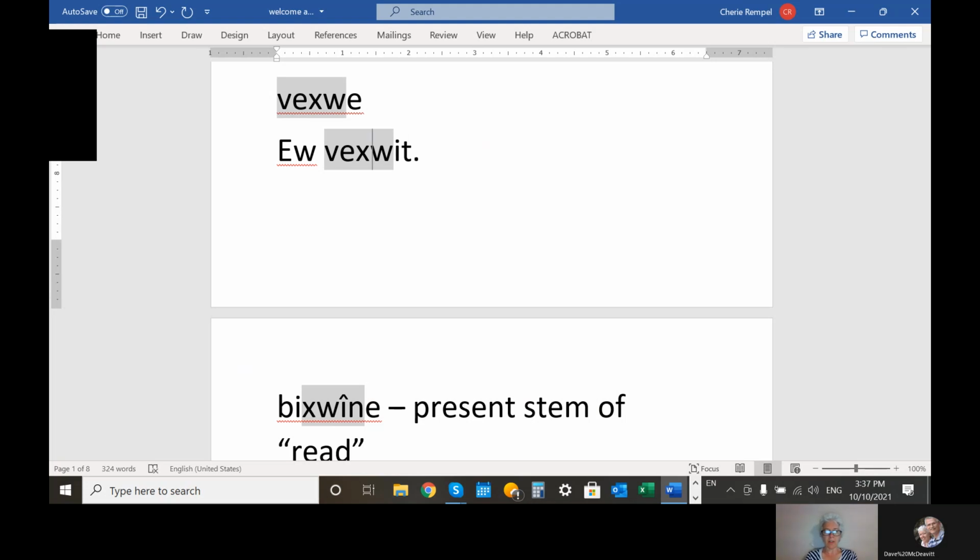Now, where does our DI go? Normally, it would go right there, but this is compound, and so it goes right there instead. Au, va, de, chut. But it's not pronounced that way. It's pronounced au, va, t, chut. Vatchut. Au, vatchut.